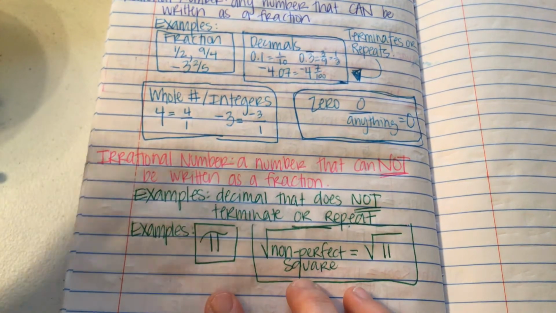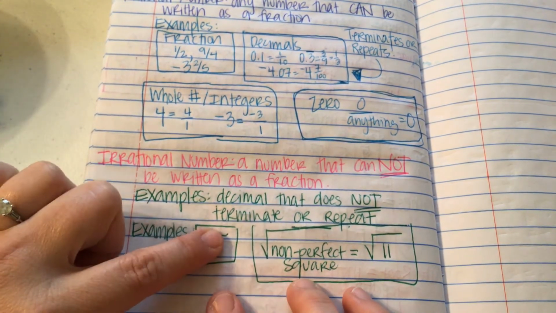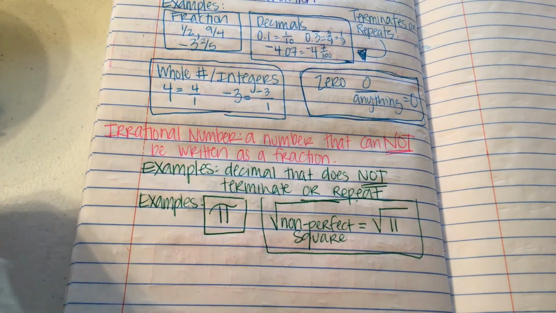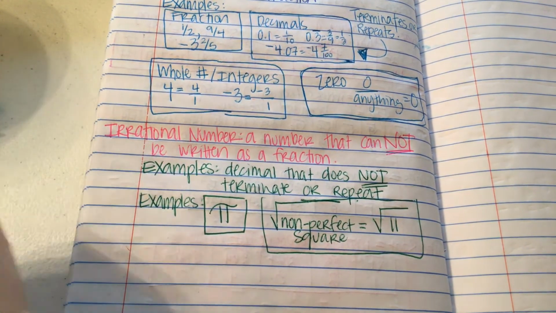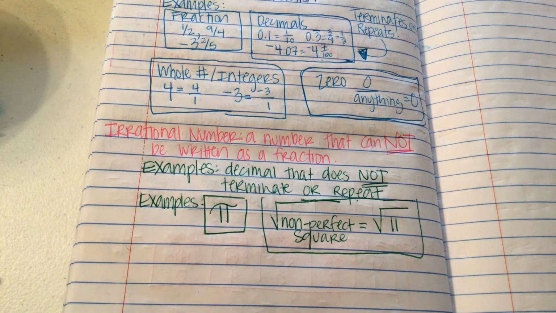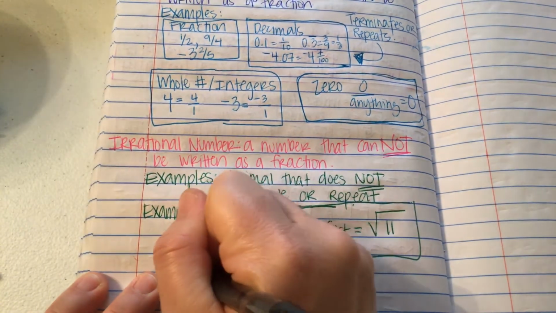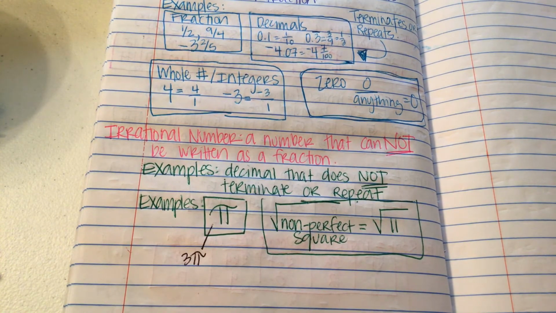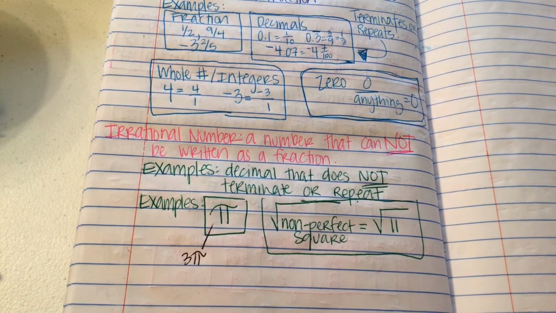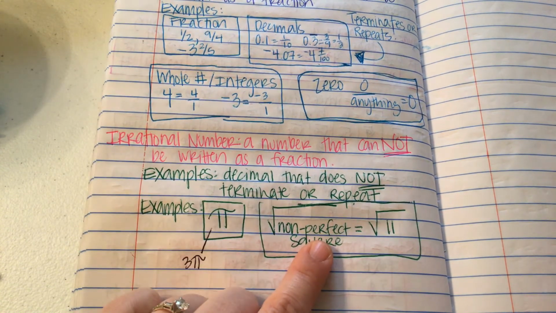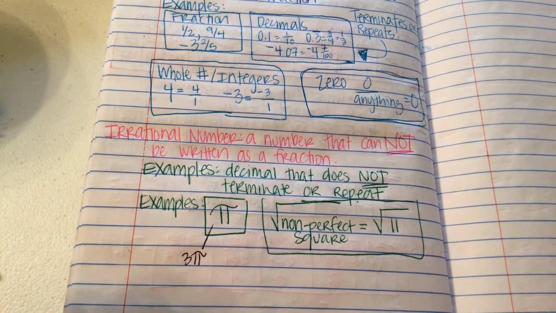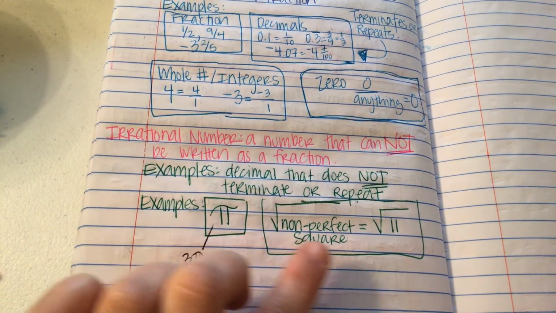Irrational numbers have to come with some version of pi, maybe like 3 pi. That would be irrational. That's not going to have a solution you can put into a fraction. Or the square root of a non-perfect number.